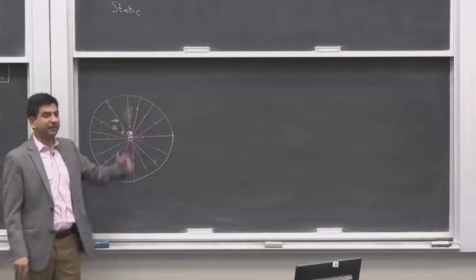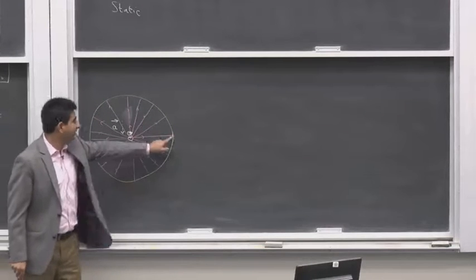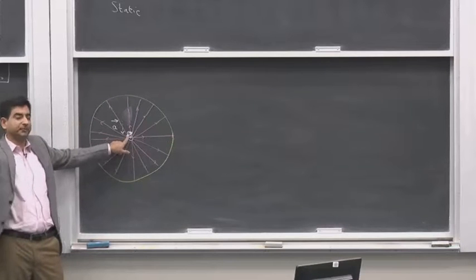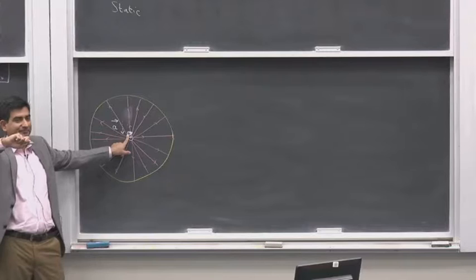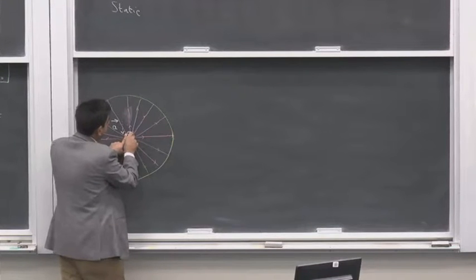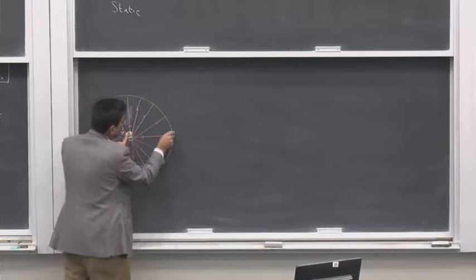Now at this location, outside this distance, the electric field is not governed by the new position of the charge, it's governed by the old position of the charge. And in the old position of the charge, the electric field at this location is going to point radially outwards from this charge. So it's going to point like this.